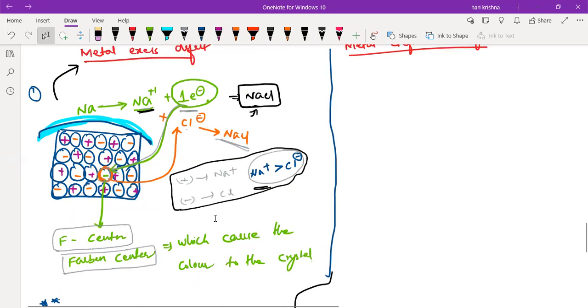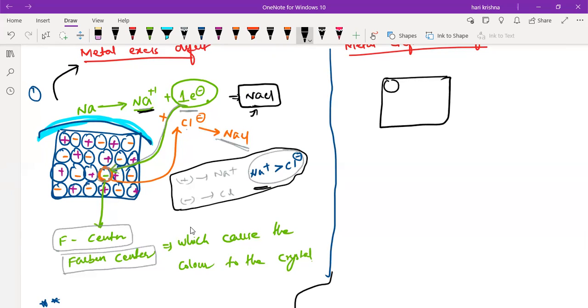Metal deficiency means the metal content will be less. Suppose you have taken one crystal like this, and in this you have taken the A+. Wait, I'll draw a neat diagram.